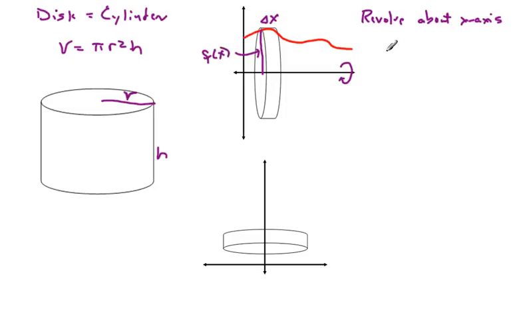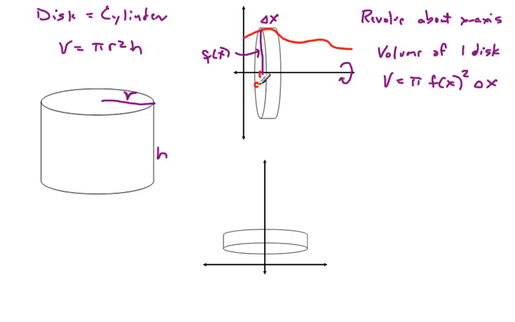So the volume of one disk is going to equal pi, my radius is now f of x squared, times delta x.